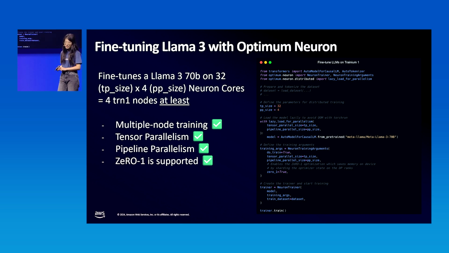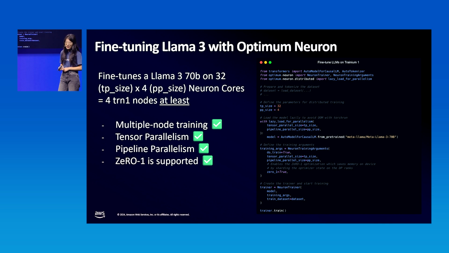And just to mention, besides Neuron Trainer, we have another API for training in Optimum Neuron, called Neuron Accelerator. I think many of you may have tried the Accelerate library of Hugging Face. So if you prefer a more customizable training loop, you can also use the Neuron Accelerator, which is the equivalent of Accelerator in our Accelerate library. Let's go back to the training script.